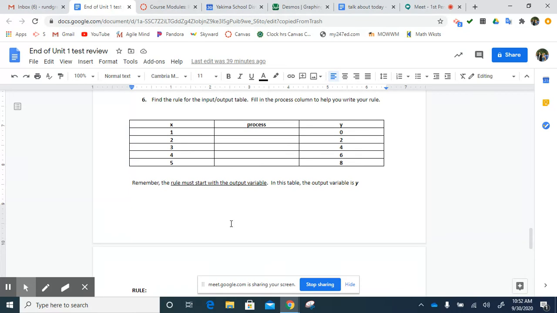Remember to label your x input and your y output. And I would leave some space in between so we can write that process. So make your table kind of long on your paper like you see on the screen.